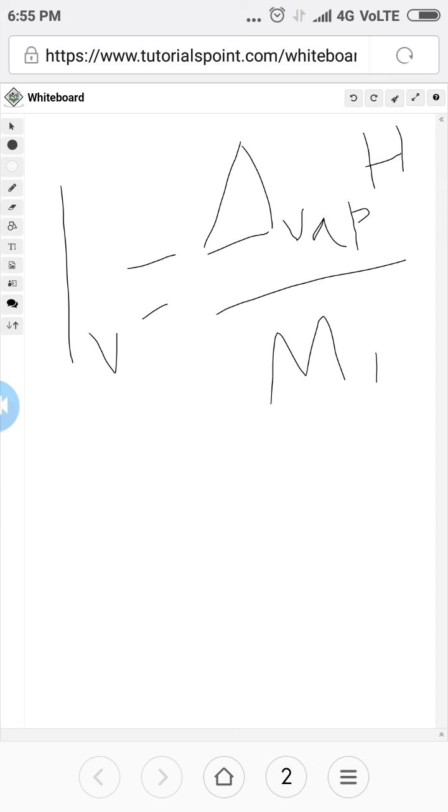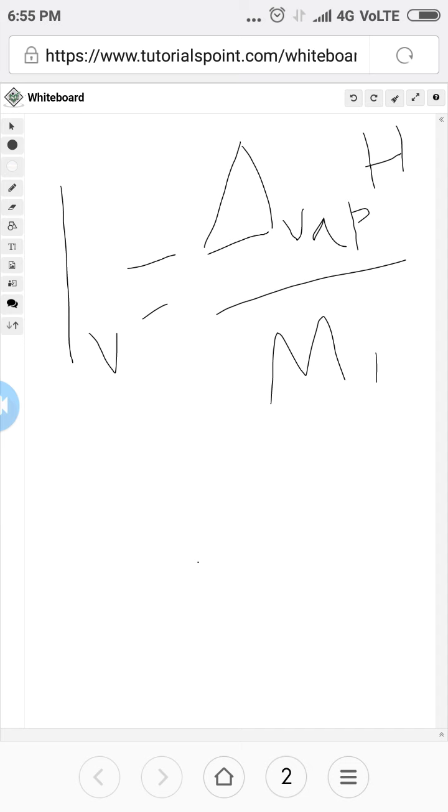Latent heat of vaporization per gram of the solvent is equal to enthalpy of vaporization divided by the molecular mass of solvent. We repeat again: LV, the latent heat of vaporization per gram of the solvent, is equal to the enthalpy of vaporization of the solvent divided by its molecular mass.